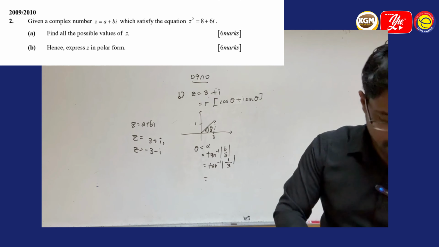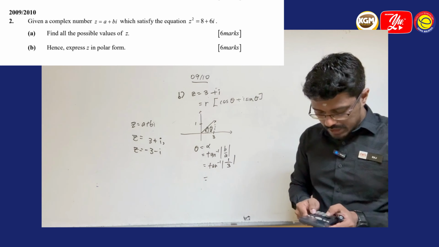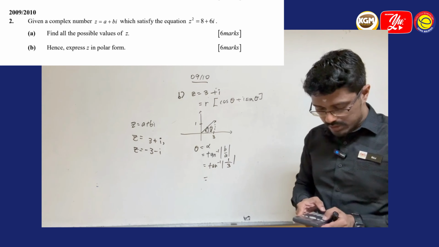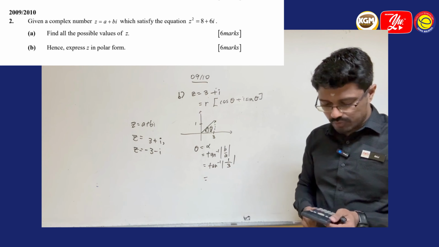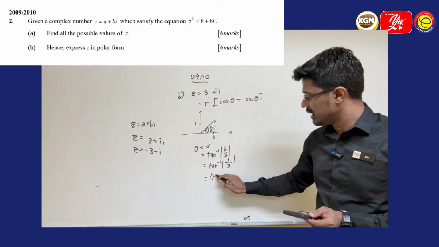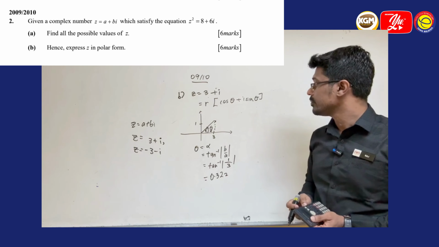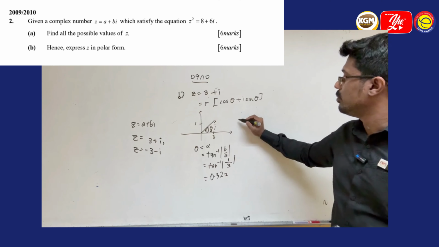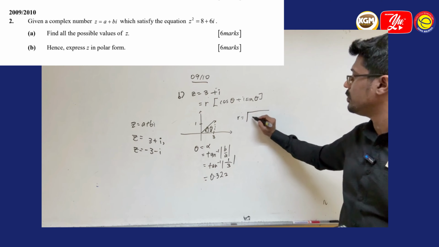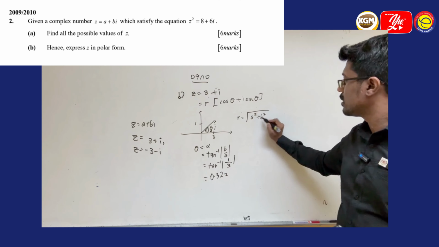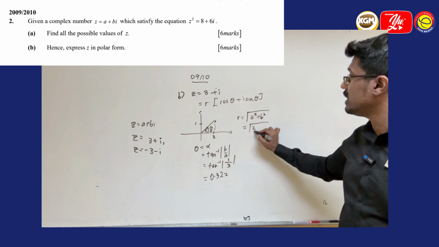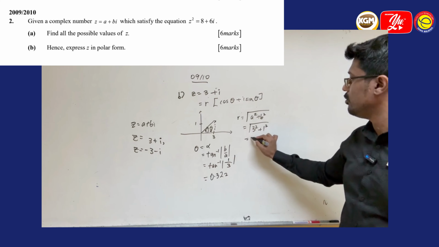So sub that in. Let me grab my calculator. You take tan inverse of 1 over 3. That's going to give you 0.322. 2 decimal places is sufficient. And then you want to find your modulus, using the formula square root of a squared plus b squared. So that is going to be 3 squared plus 1 squared, which is 10.